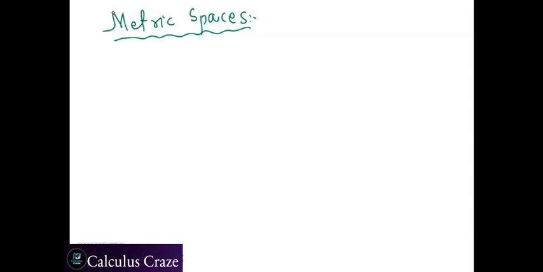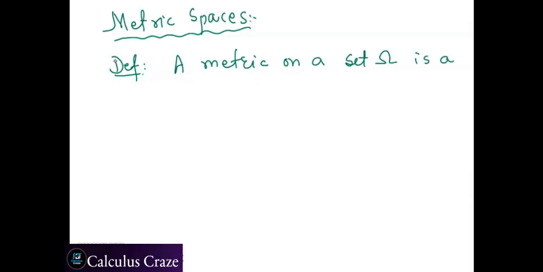So it's a definition. A metric on a set omega is a mapping D which takes elements from this Cartesian product.